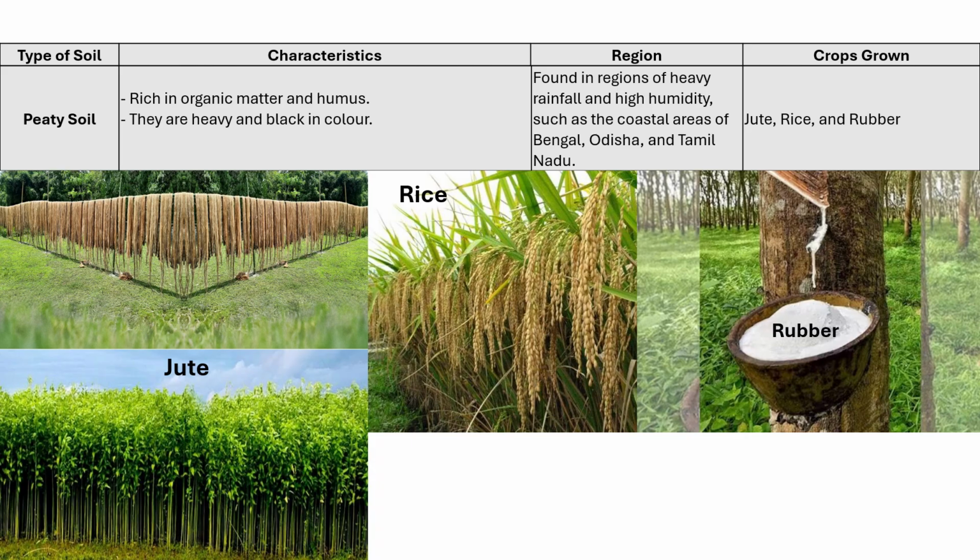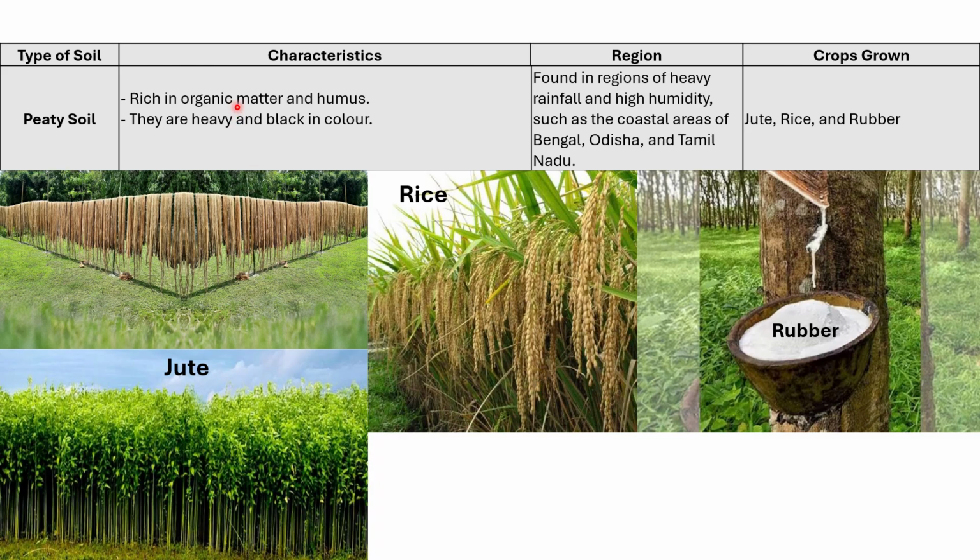The next one is the peaty soil. This soil is rich in organic matter and humus. It makes very fertile soil compared to all the others. Because of this high organic content, peaty soils are black and heavy in nature.